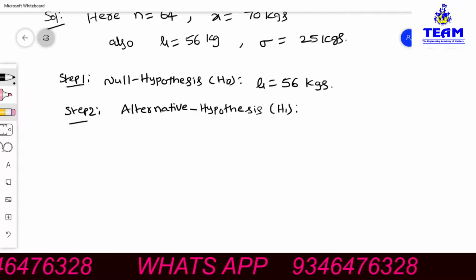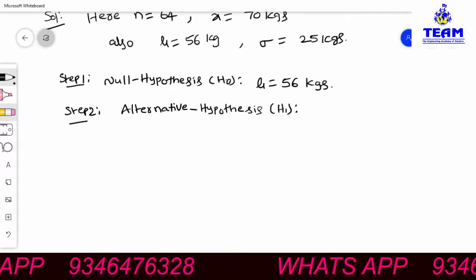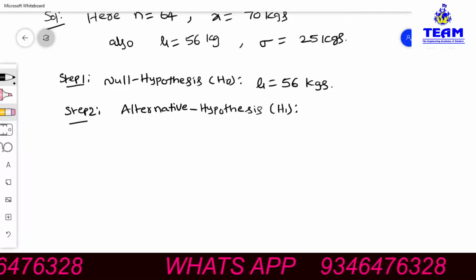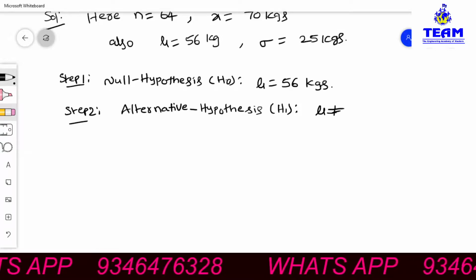We already know the alternative hypothesis contradicts the given null hypothesis, which means mu must be not equal to 56.